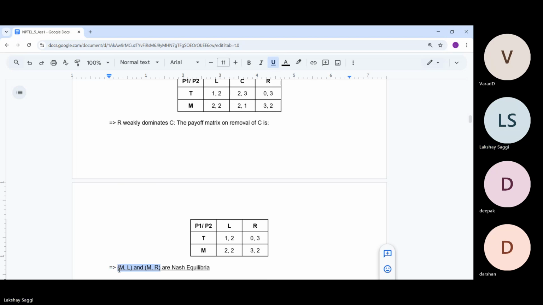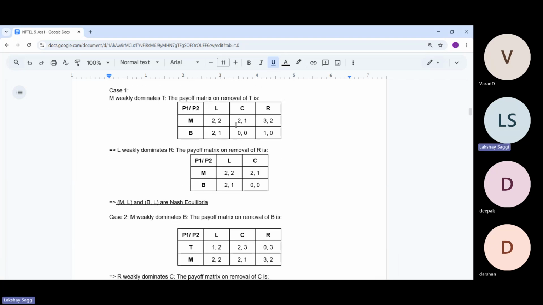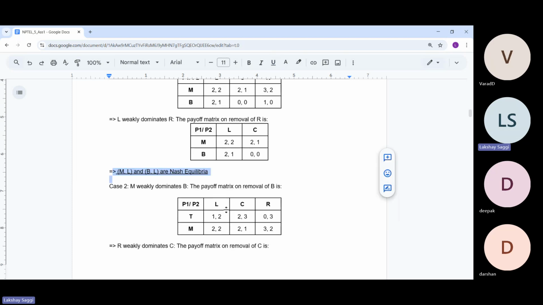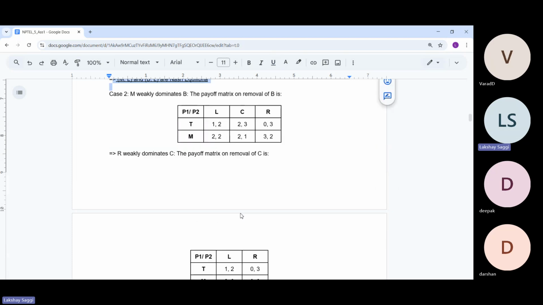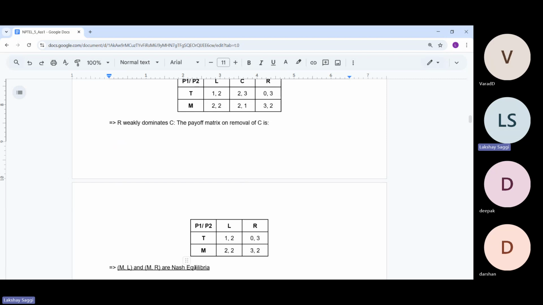So what this means is that the order of the weakly dominated strategies which you remove changes the final Nash equilibria which you are getting. In case one, on first removing T and then removing R, you got ML and BL as the Nash equilibria. Whereas if you first remove B and then remove C, you would get ML and MR as the Nash equilibria.